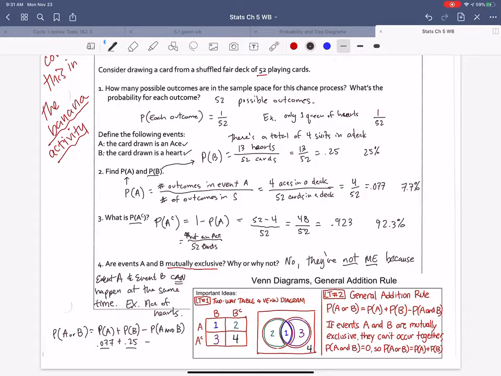So this would have to be equal to something. And we actually know that there's 1 in 52 that is both, that you have in fact an ace and a heart because it's the ace of hearts, okay? So we know that in fact this is not true, so therefore we're good to go.